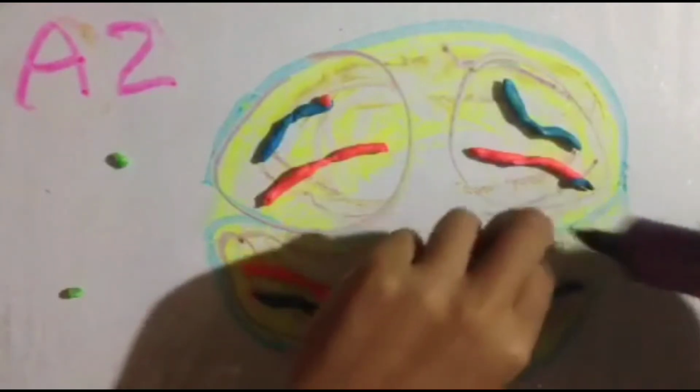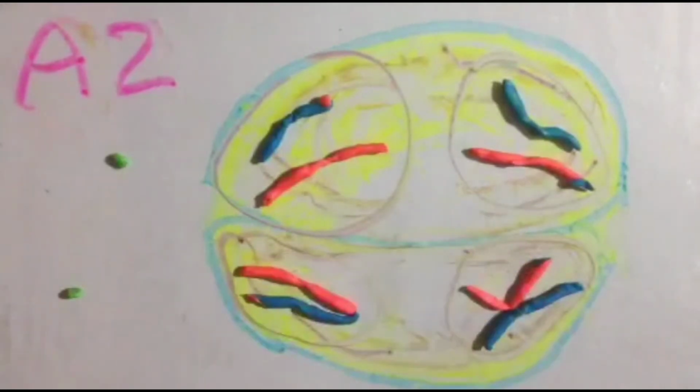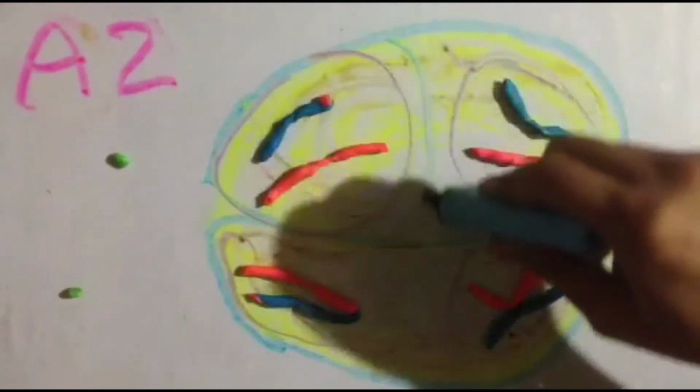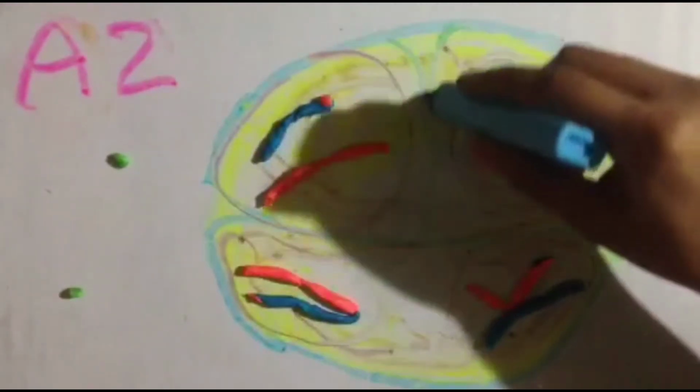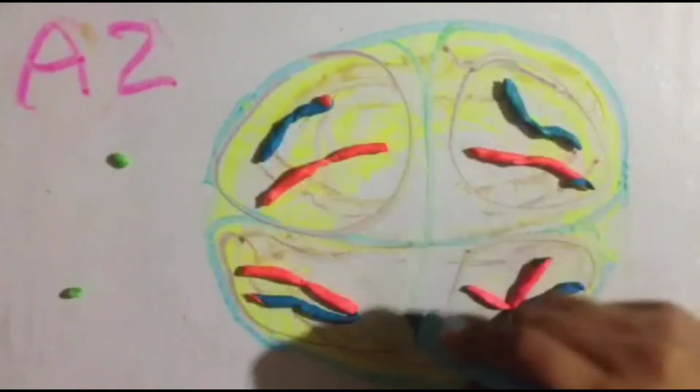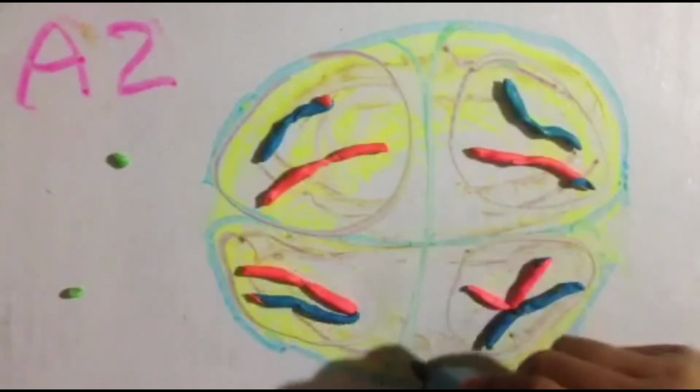So that's the nuclear membrane, touching again the chromatids, and then they are divided into 4.